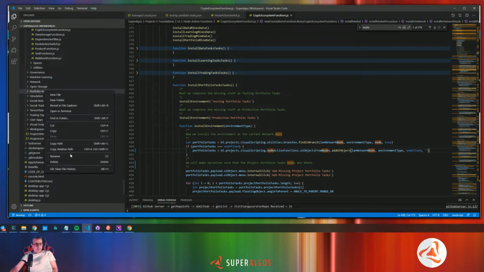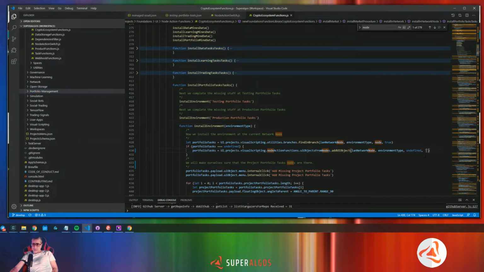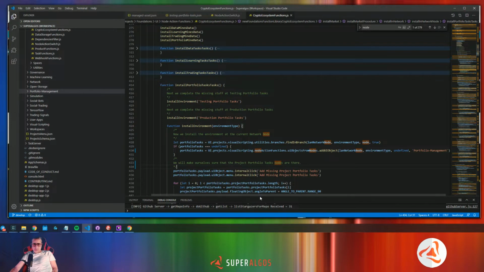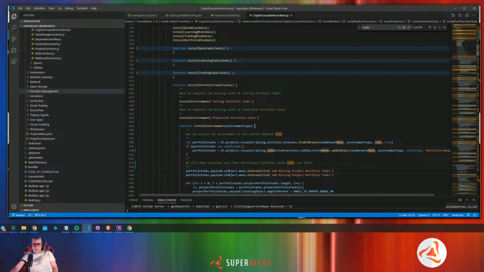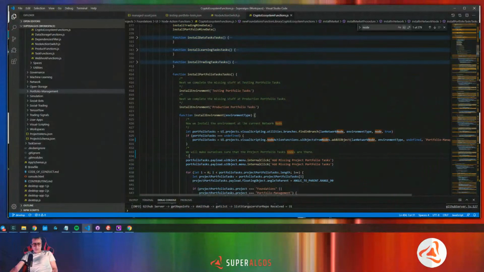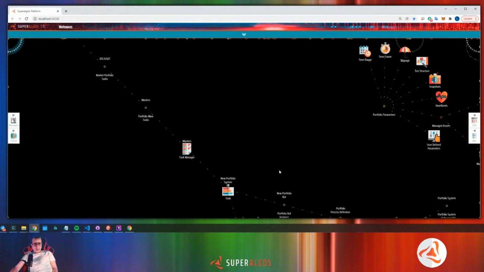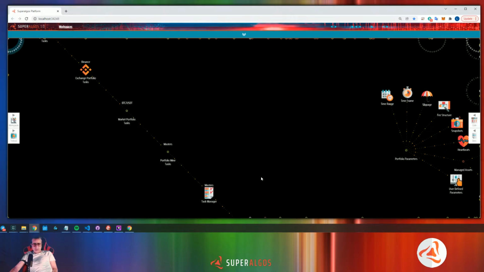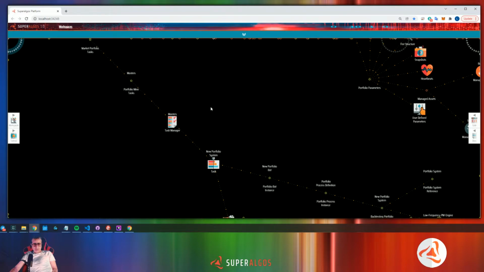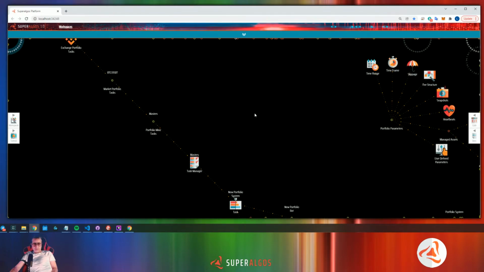Okay. So let's see how far we go now. Because with this correction, we're going to change the root of all this stuff, and this is going to cascade all over the place. But then we will have problems here because this cannot be portfolio management. But we will see.